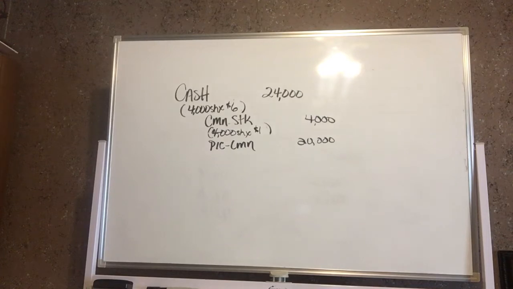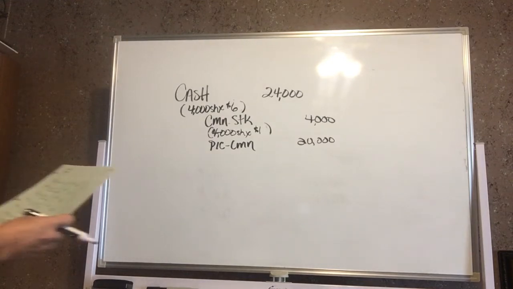Number 5 says Leah's Incorporated, $10 par value common stock is actively traded at a market price of $15 per share. Leah issues 5,000 shares to purchase land that's advertised for sale at $85,000, and we're going to journalize that issuance of stock for land.